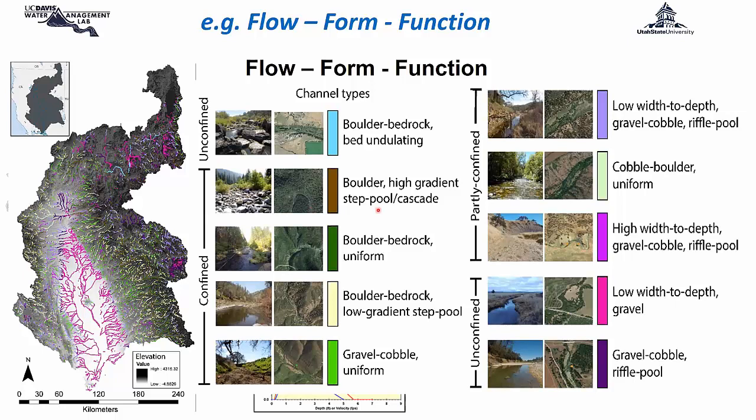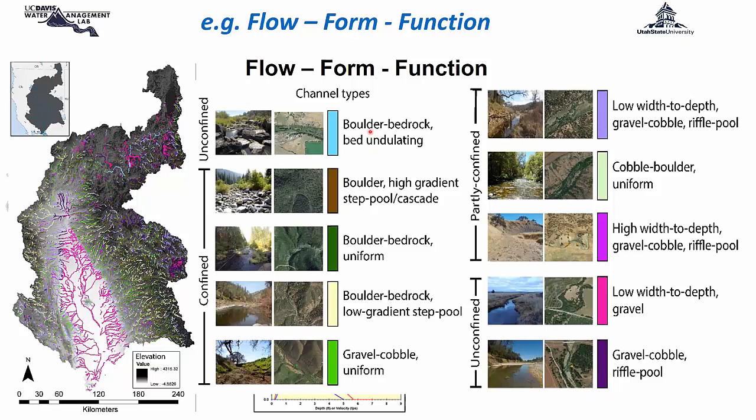Again, from these step pool cascades to these riffle pools that widen and then shorten. Some of those can have gravel cobbles, so different sediment size. Some of those have this kind of bed undulating, so the bottom of the river is undulating.